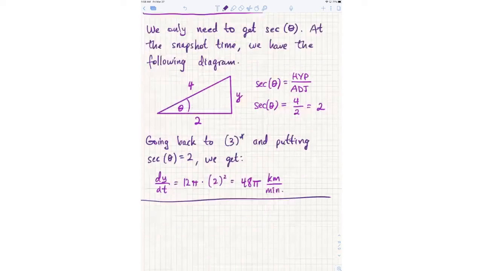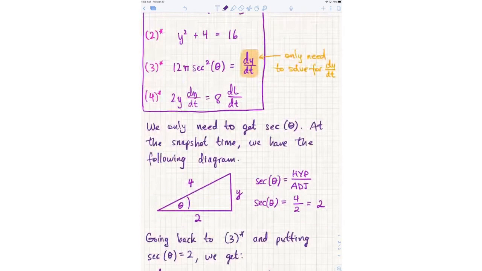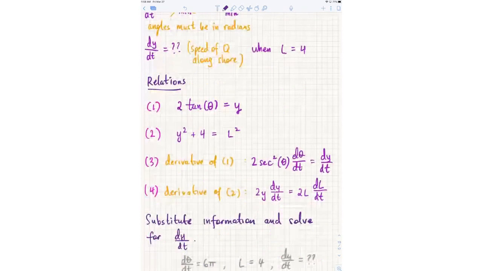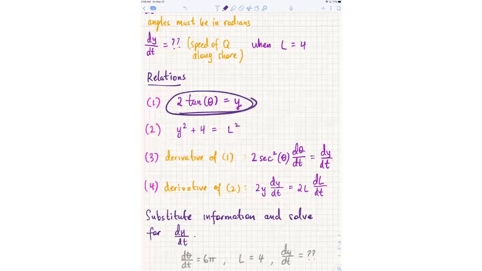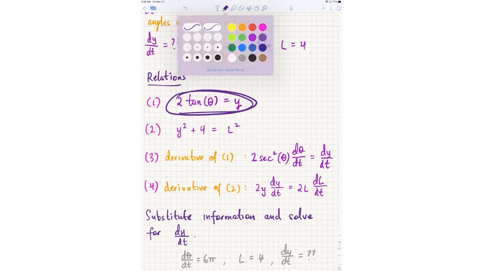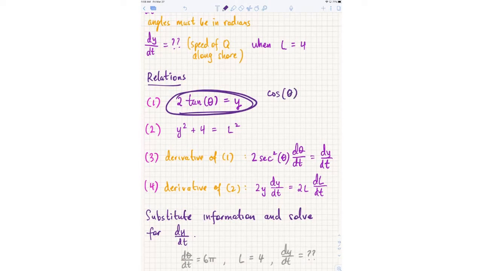As another note, when I first asked what the relations between the variables were, some students suggested things like cosine of theta equals 2 over L, sine theta equals y over L. Those equations would have been a lot more work, because when I differentiate cosine theta equals 2 over L, that equation now involves dL/dt.